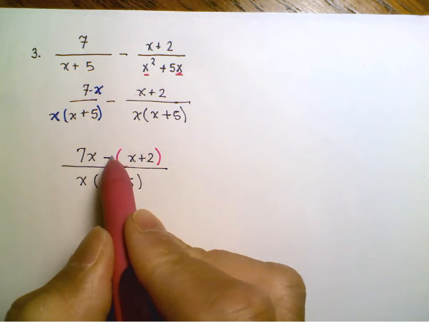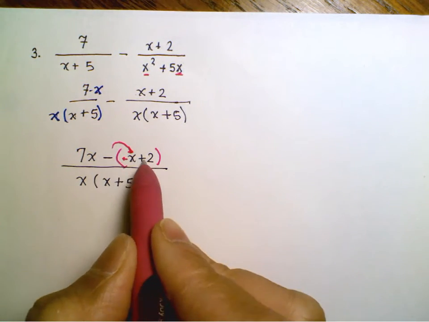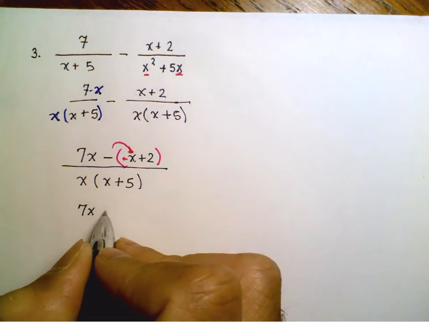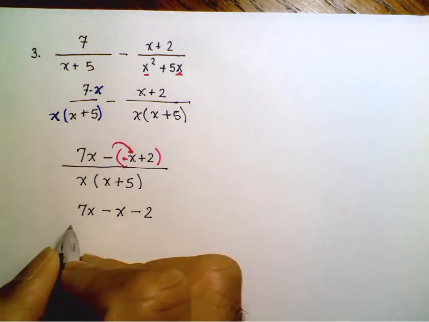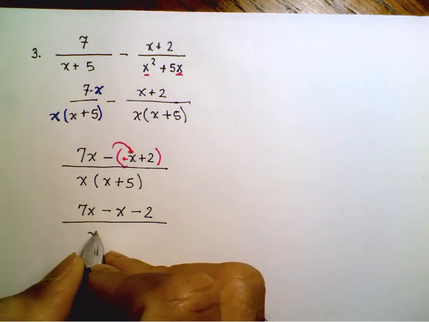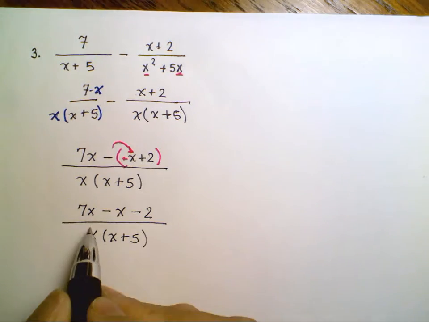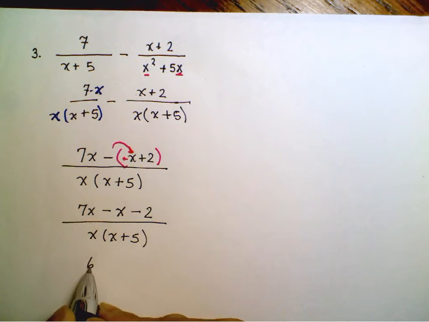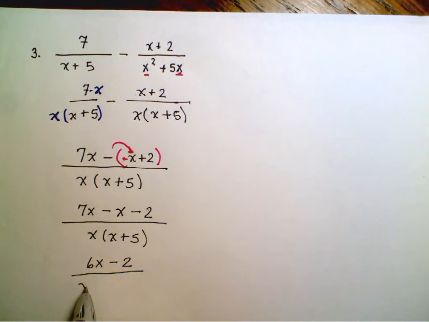So I'm going to apply this triple property, negative and positive is negative. So what I'm going to have is 7x minus x minus 2 over x plus 5. Let's simplify the numerator. So I have 7x minus x is equal to 6x minus 2 over x plus 5.